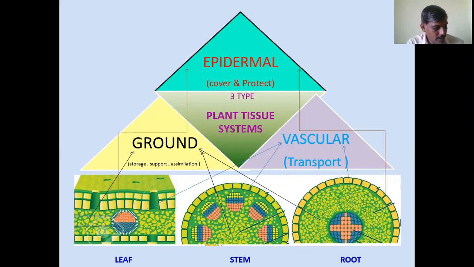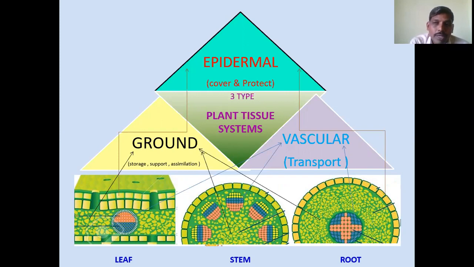In the plant body, different types of vegetative and reproductive organs are there. Each organ is made up of tissues only.